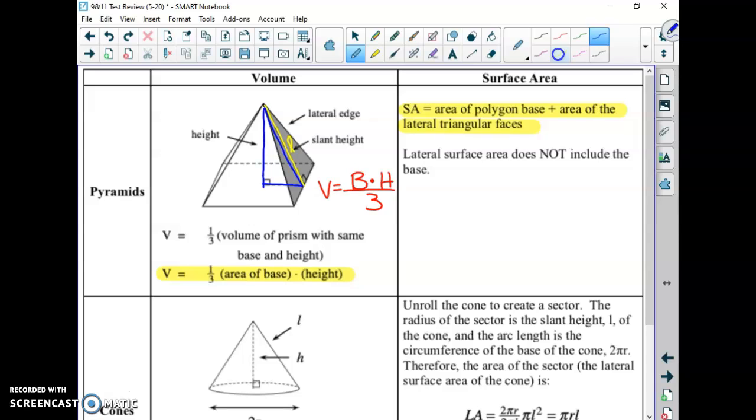Okay? So find the slant height so that you can have the height and the base of these triangles on the side. Okay, so L would be, this would be my base, and then we would have L right here. That would be the height of that triangle.